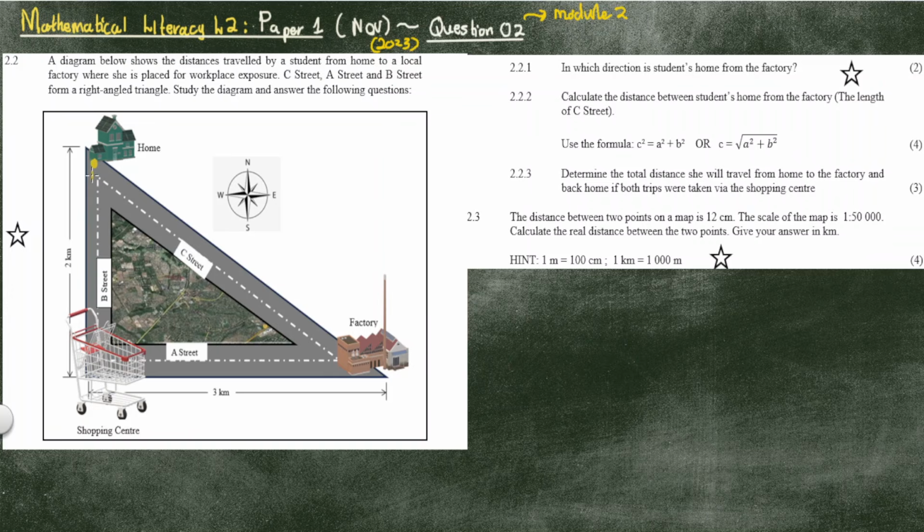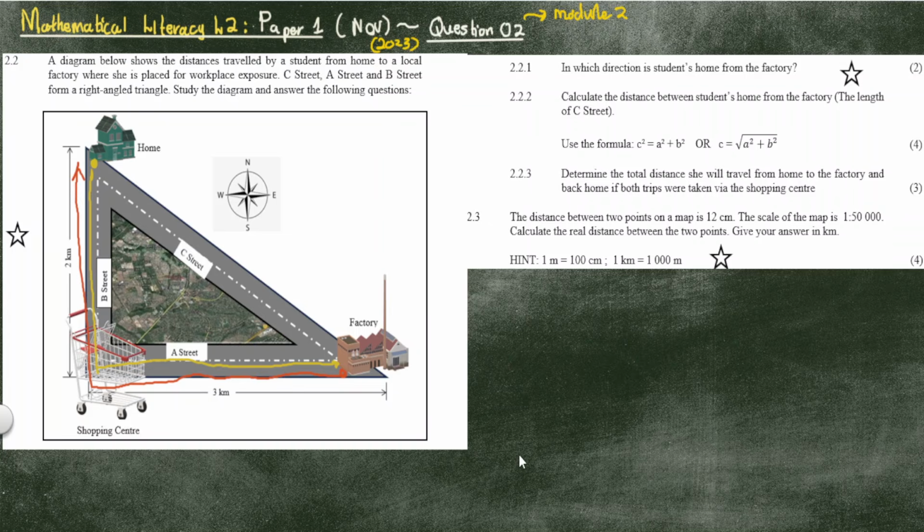So from home to the shopping center, then the factory. Then she goes back home after work, from the factory via the shopping center back home, right?